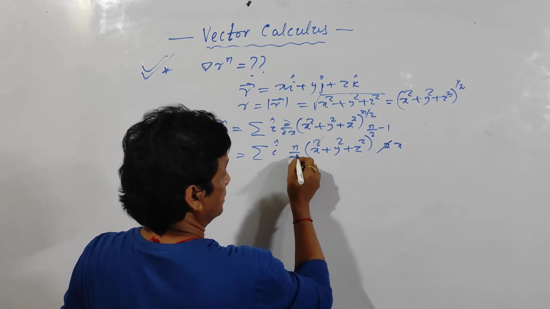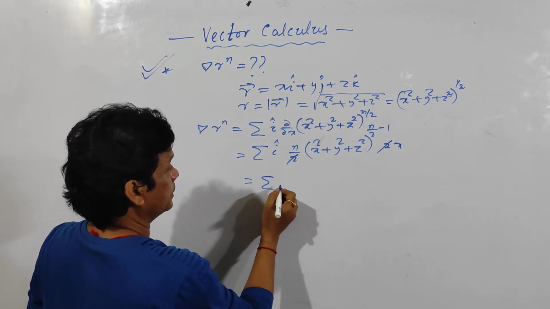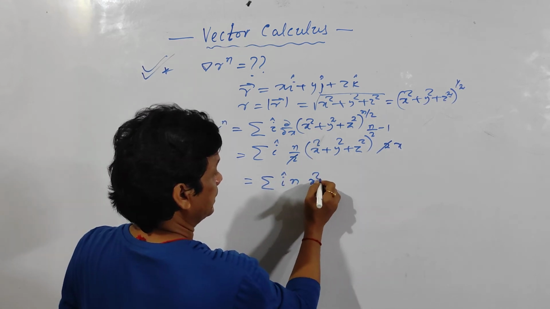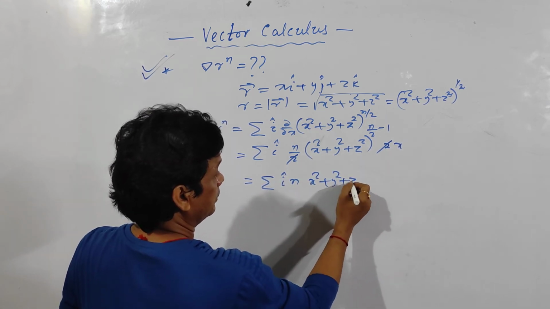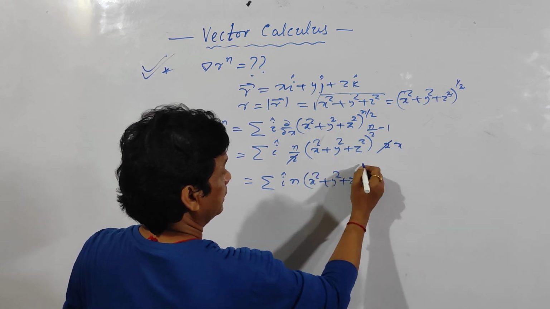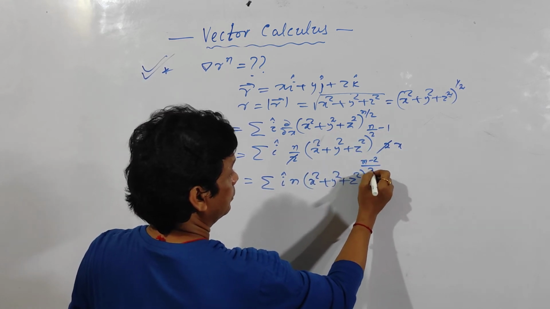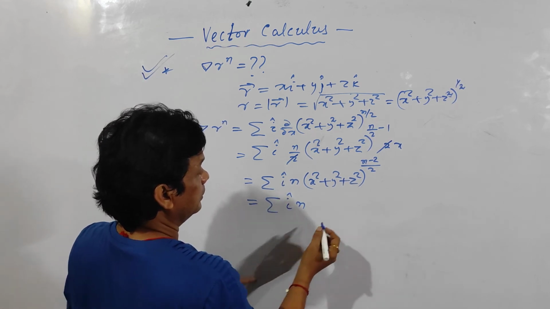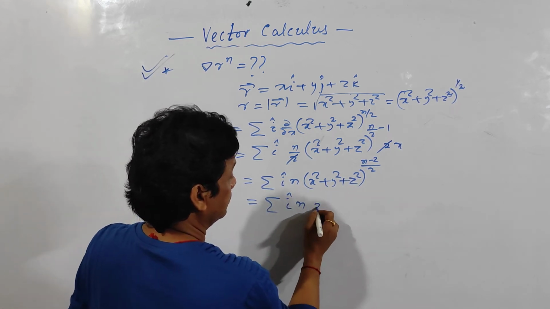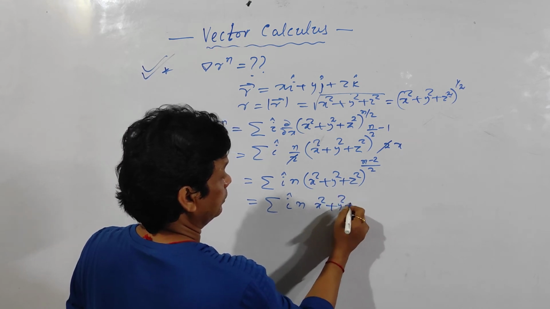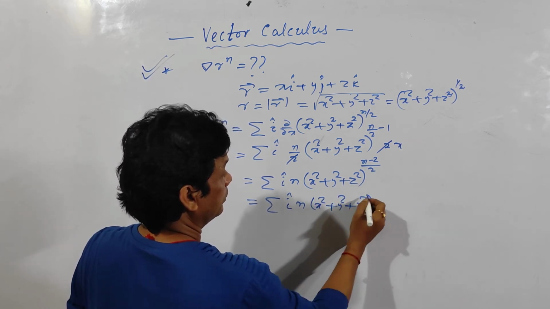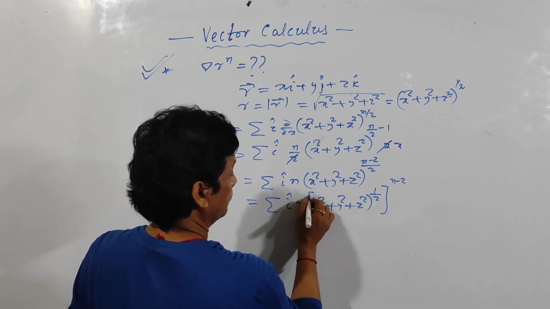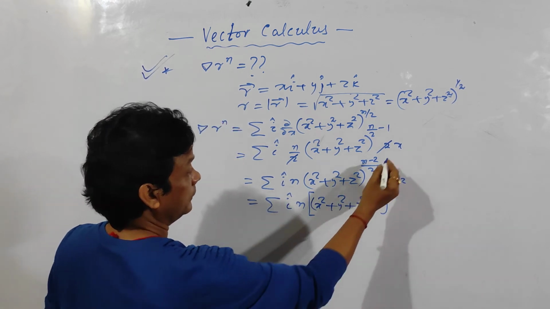So here 2 cancels out. Summation i cap n into this part. This is x square plus y square plus z square to the power n minus 2 by 2. And this I can write as i cap into n, and this one you can write clearly, I am telling you, as whole to the power n minus 2 by 2. x is there, sorry.